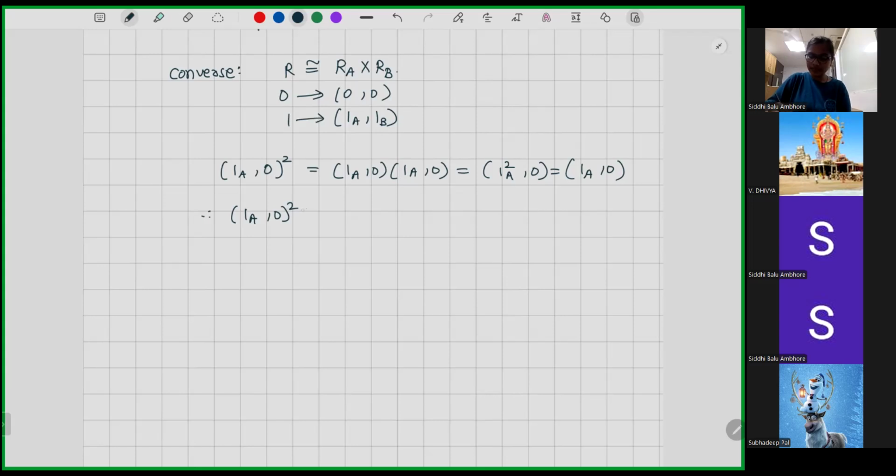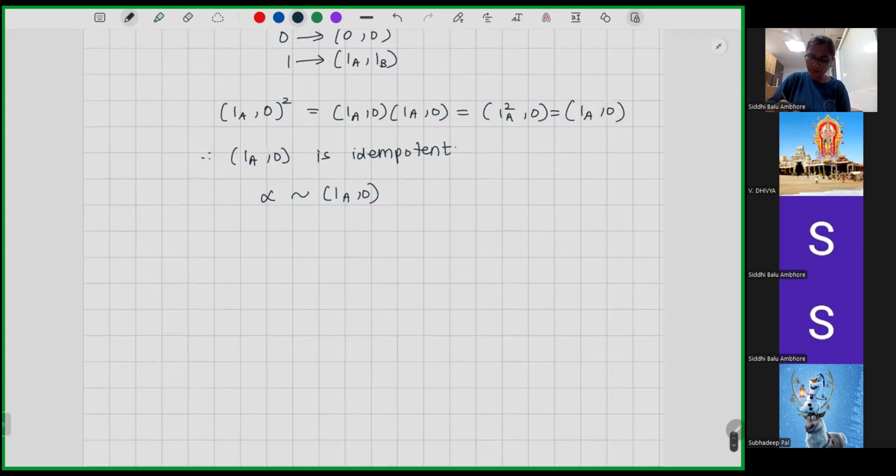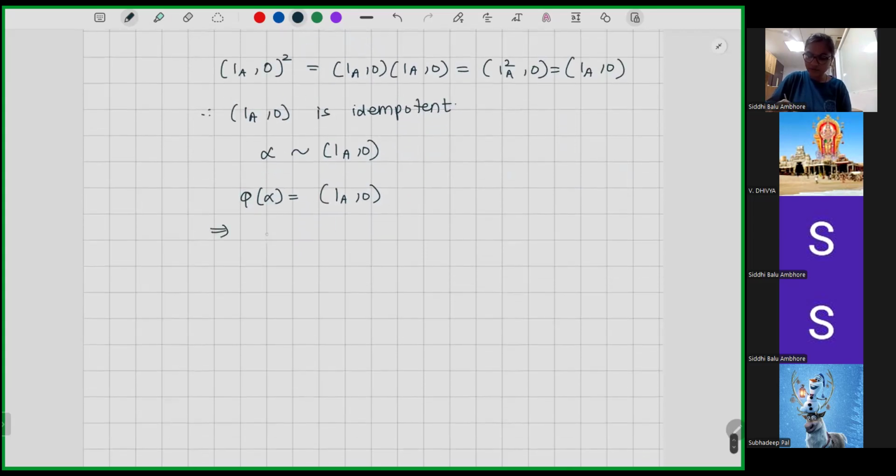But this element (1_A, 0) will correspond to some element in R. So let us call this alpha. So alpha will correspond to (1_A, 0), such that if I call this isomorphism phi, phi of alpha is (1_A, 0). But this implies what?